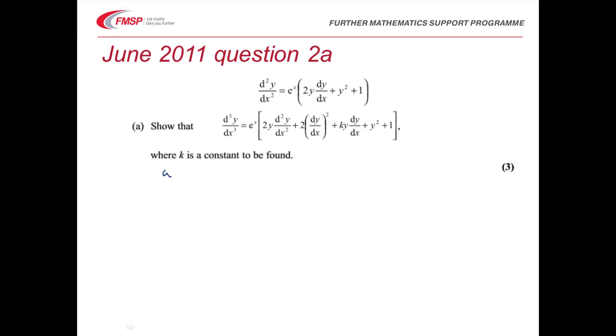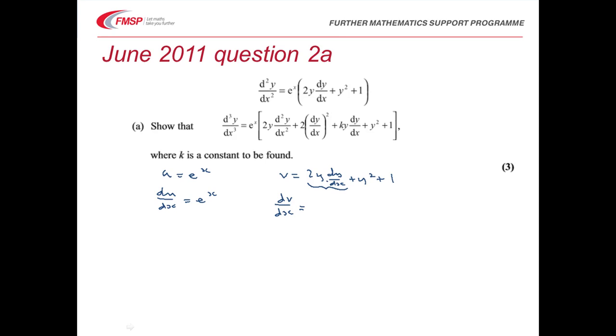So I'm going to let u equal e to the x and v equal the bracket term, 2y dy by dx plus y squared plus 1. du by dx is clearly e to the x, and dv by dx is going to require a little bit more skill, since to find dv by dx I need to also differentiate that product. So I'm going to differentiate that product by inspection without introducing more variables.